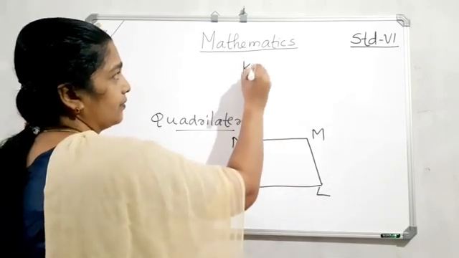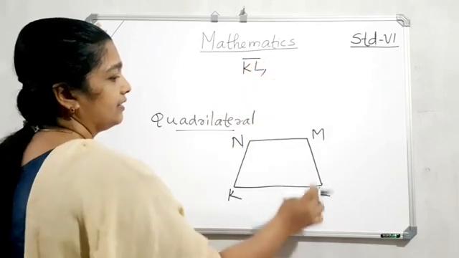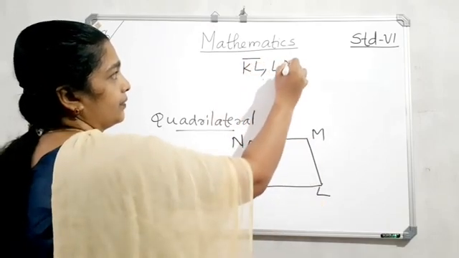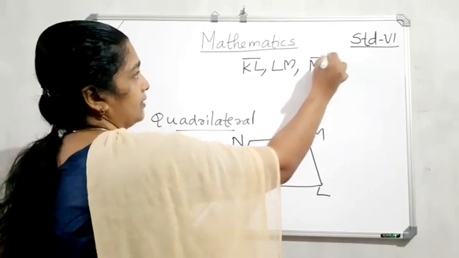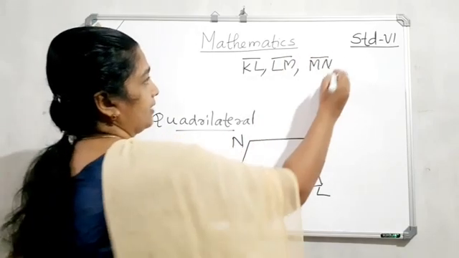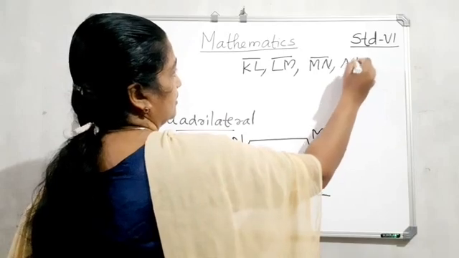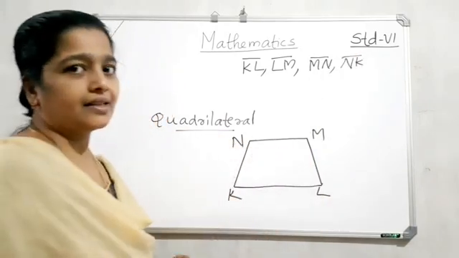Yes, 4 sides. What are the 4 sides? KL, LM, MN and NK are the 4 sides. Understand?